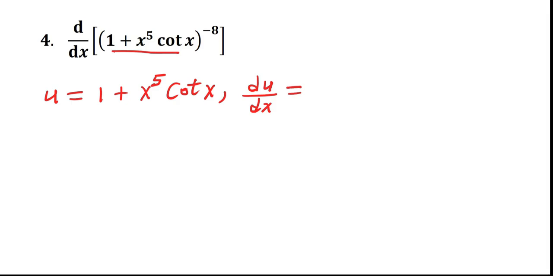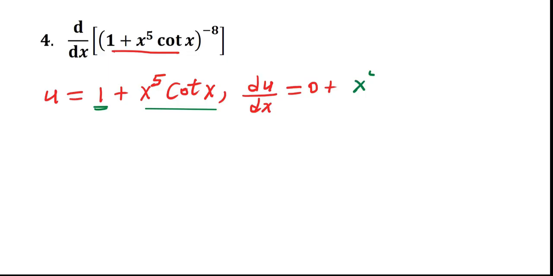If you differentiate 1, that gives you 0 plus, if you differentiate this, we have two functions here. To differentiate these two functions, x to the 5th power and cot x, we are going to apply the product rule.